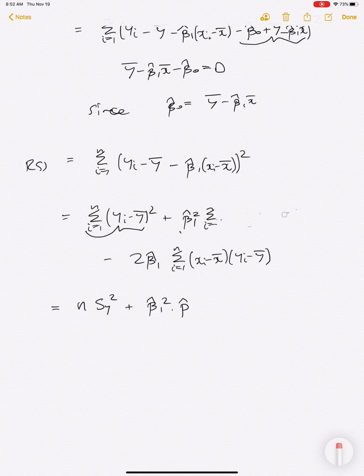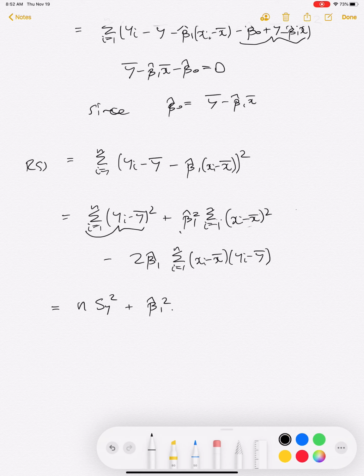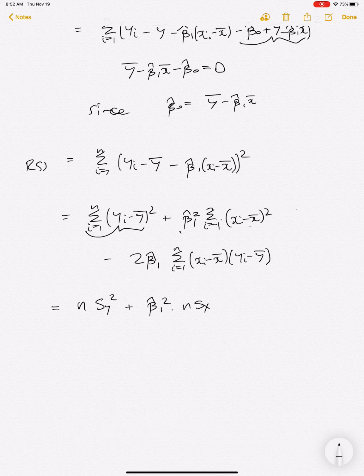This thing should just be the sum of xi minus x bar squared, so this is just going to be beta hat 1 squared times n times sx squared.